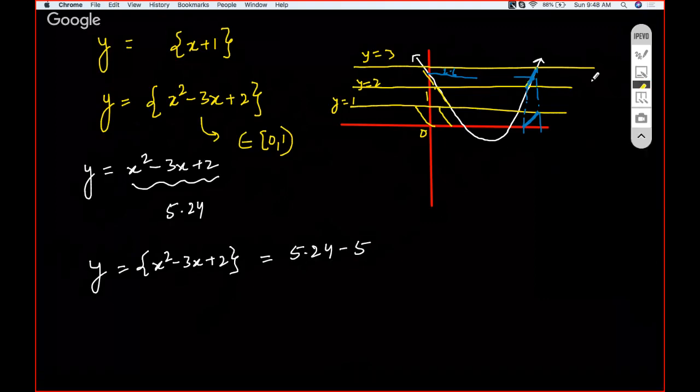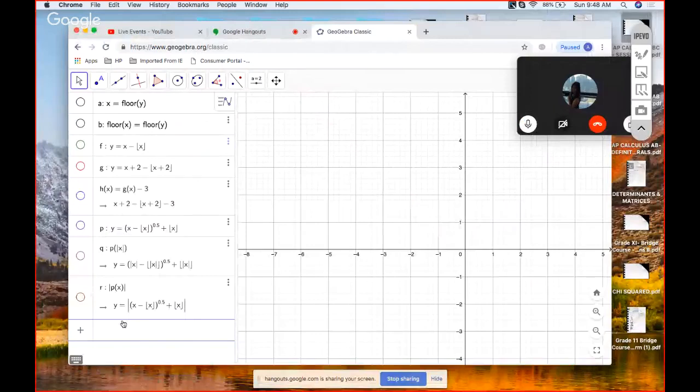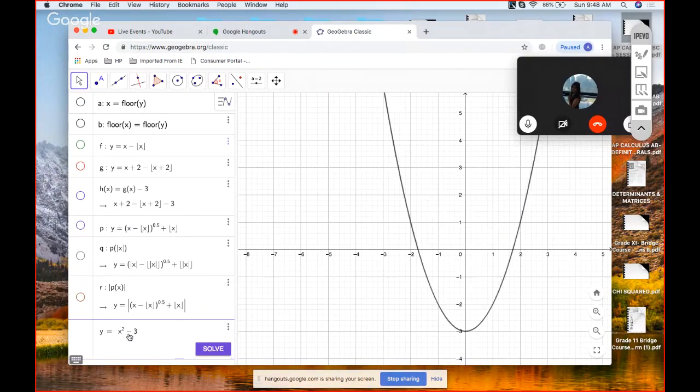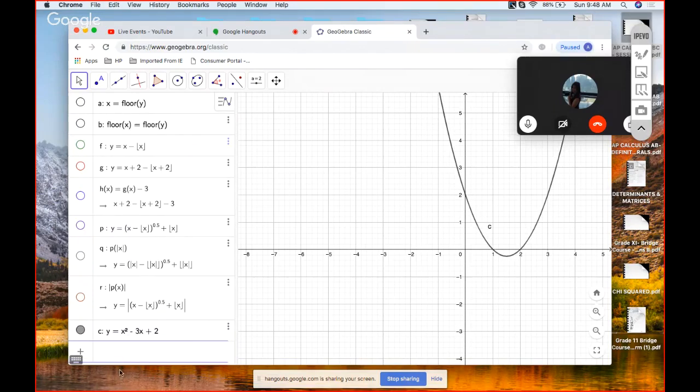So it'll start falling like this, and you will be very surprised to see the actual graph also. So y is equal to, let's say I draw the function x square minus 3x plus 2. Okay, this is the function. Now just see what I am going to do.